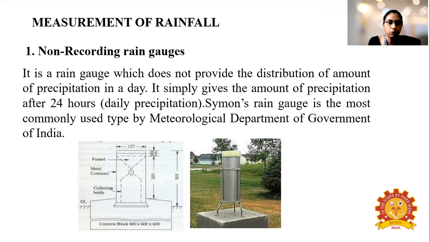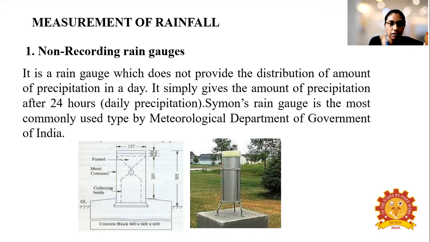So commonly used non-recording type of rain gauge is Simon's rain gauge. This type of rain gauge is used by the Meteorological Department of Government of India. And here in the diagram you can see the Simon's rain gauge which comes under non-recording rain gauges. So it consists of a metal container in which you have the funnel type arrangement.